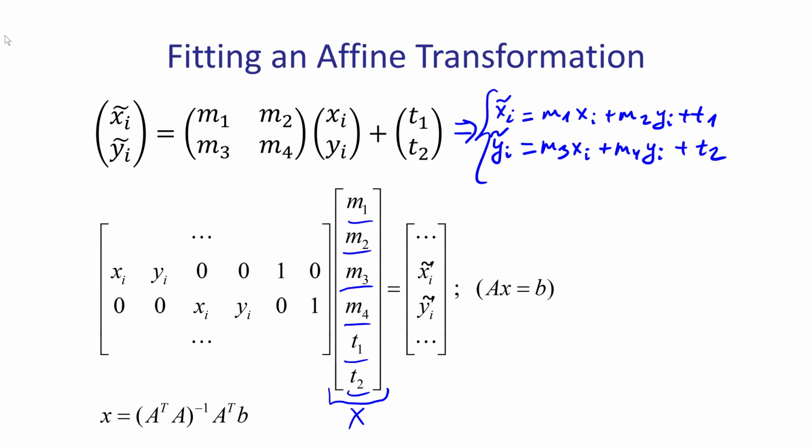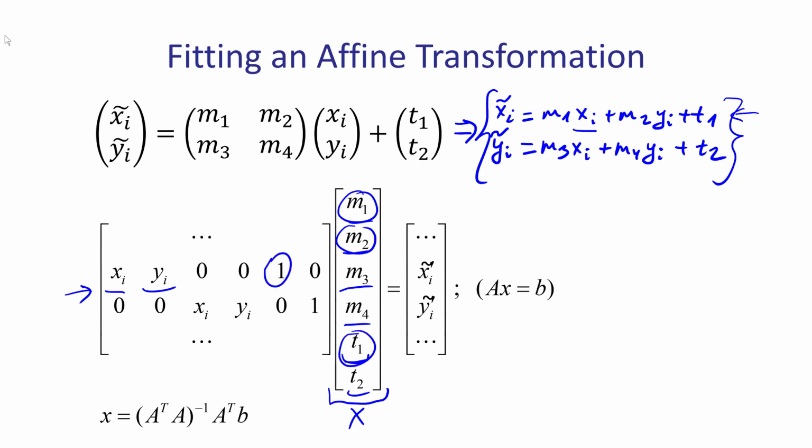Now, how we can get to the same kind of equations using matrices? So for each point i, we will have 2 lines in that matrix. The first line is xi, which is here, multiplied by m1, plus yi multiplied by m2, plus nothing else in that equation multiplies m3 or m4, and nothing multiplies t2, but the 1 multiplies t1.